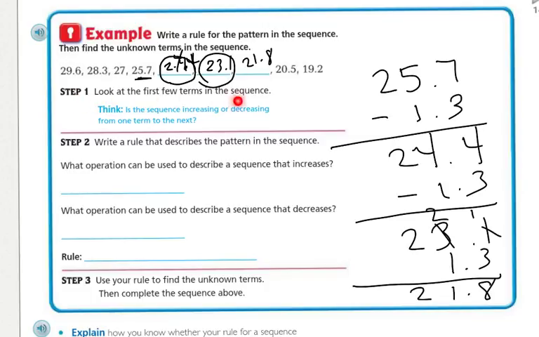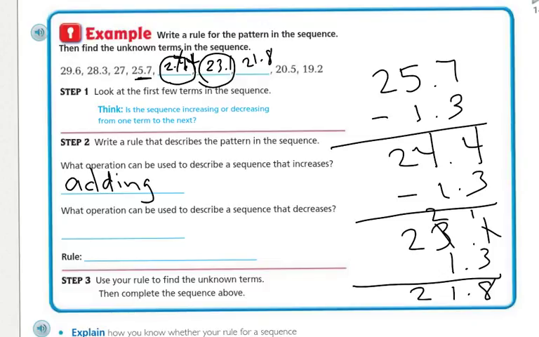Step 1, we're going to look at the first few terms in the sequence. Is the sequence increasing or decreasing from one term to the next? Well, I already did that, right? It's decreasing. So what operation can be used to describe a sequence that's increasing? Well, that's addition, right?